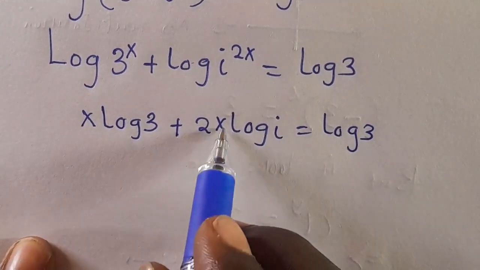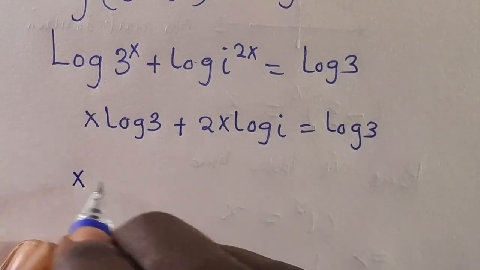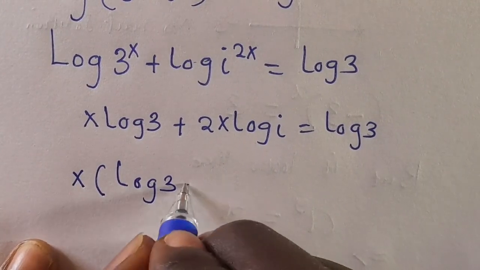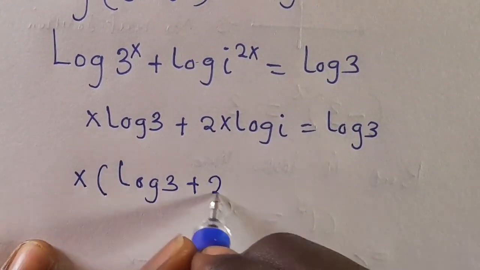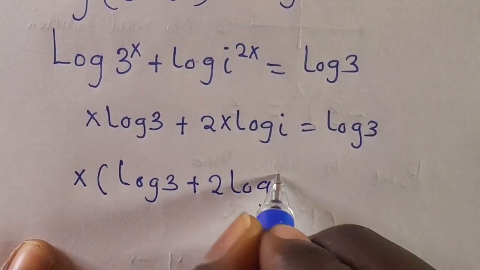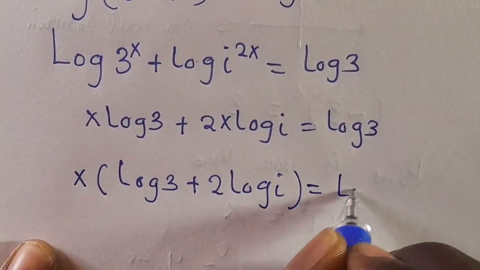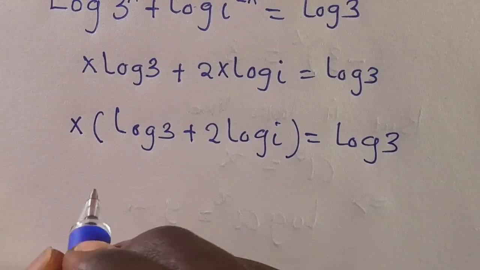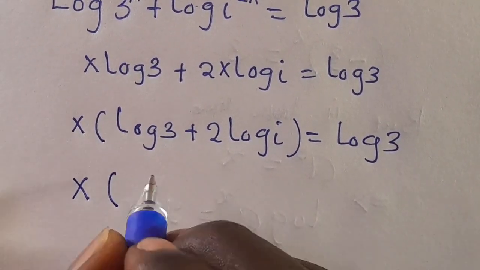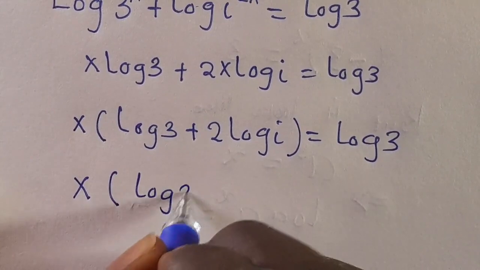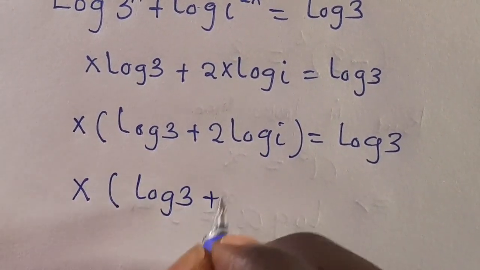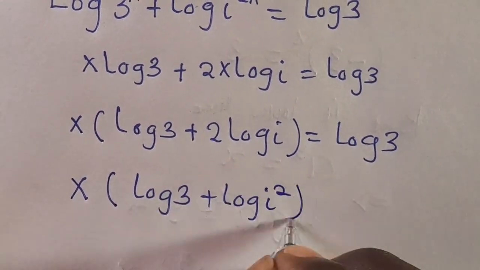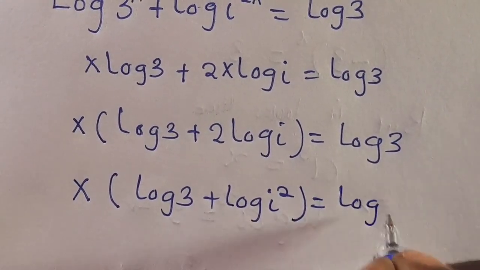Now, we have x in common. We can factor it out as x into log 3 plus 2 log i equals log 3. Now, we have x into log 3 plus, we can take this back as log of i squared, then equals log 3.